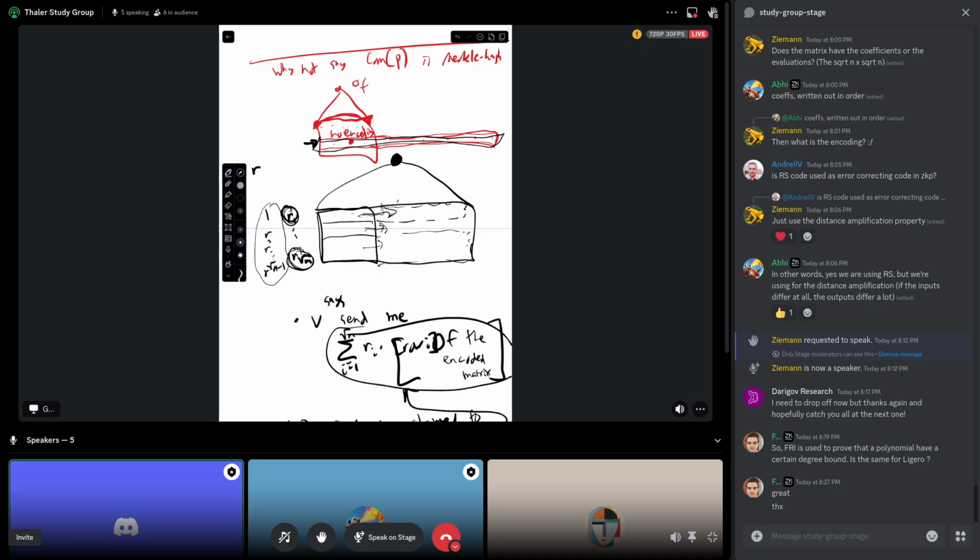To get a SNARK, you don't really need a polynomial commitment scheme. A slightly weaker object is acceptable. And so when people actually use FRI, they are not quite using it as a polynomial commitment.